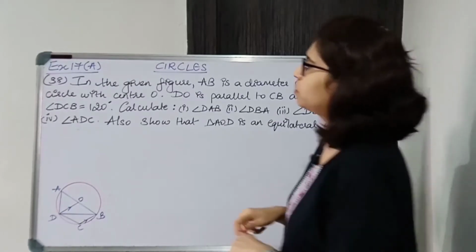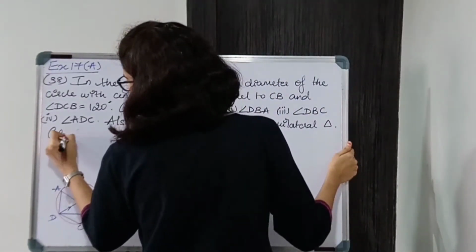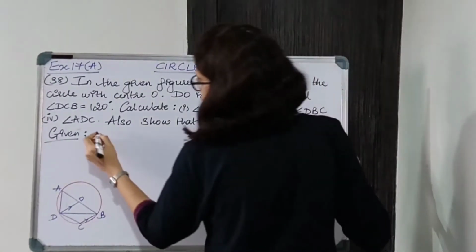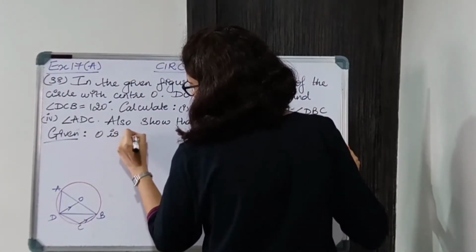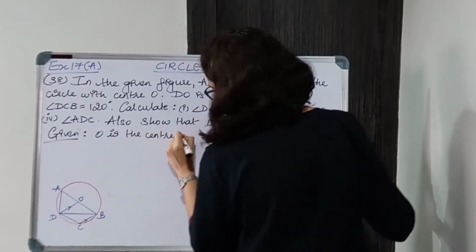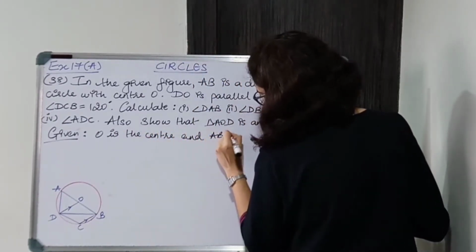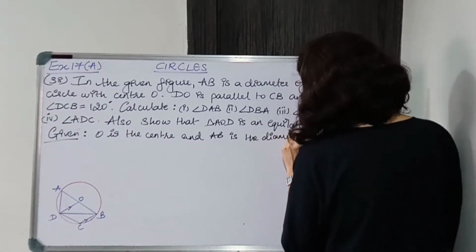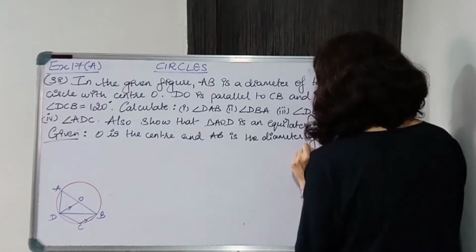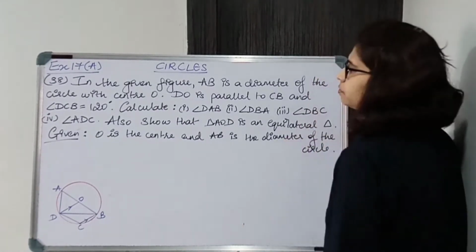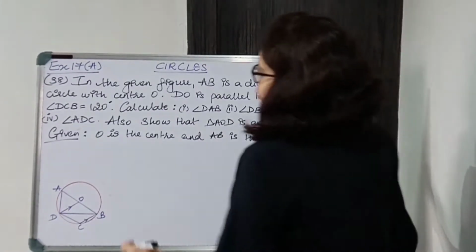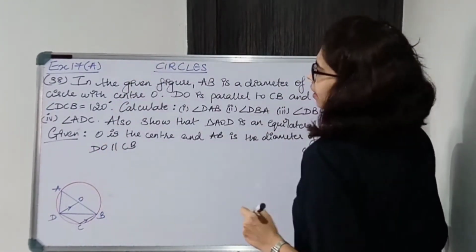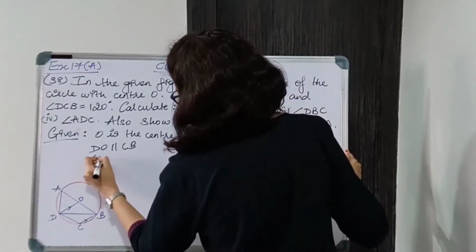Okay, so given: AB is the diameter of the circle with center O, so O is the center and AB is the diameter of the circle. DO is parallel to CB and angle DCB is equal to 120 degrees.